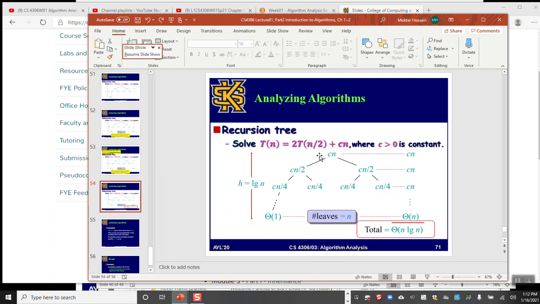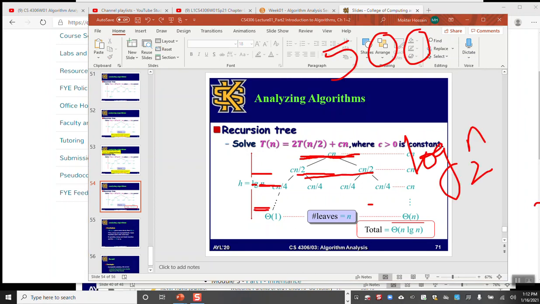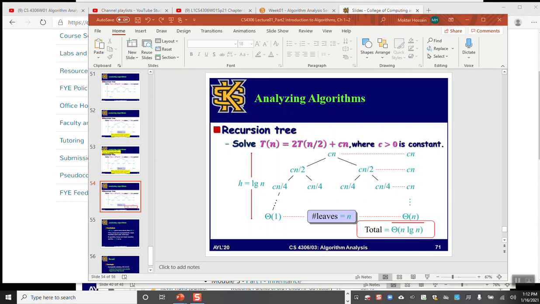That means if we consider this as a rectangle, the width is cn, and this is the height, right? How much is the height? It is log 2 n.